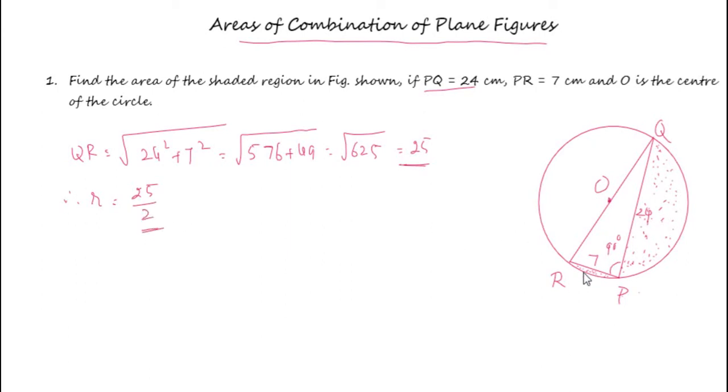Now the shaded region, this and this, the shaded region is area of the semicircle minus area of triangle PQR.